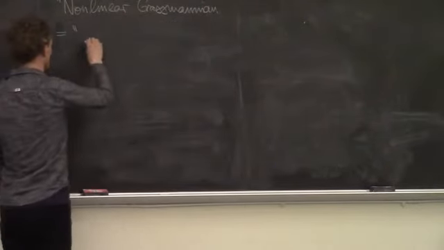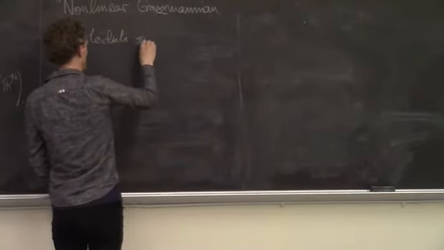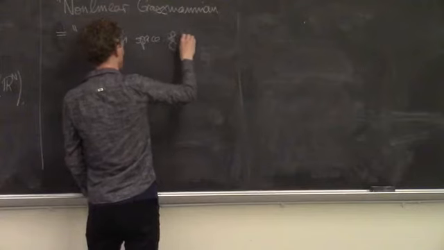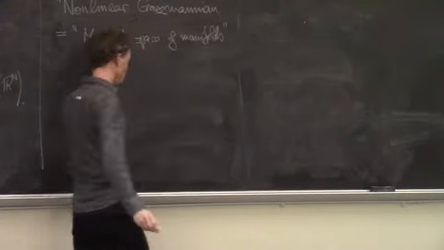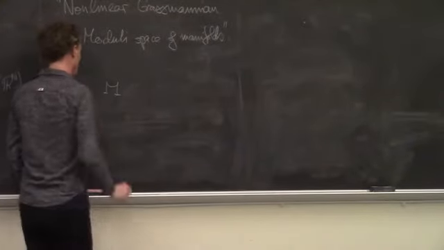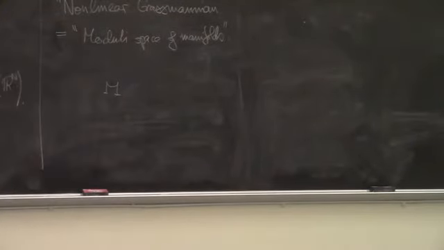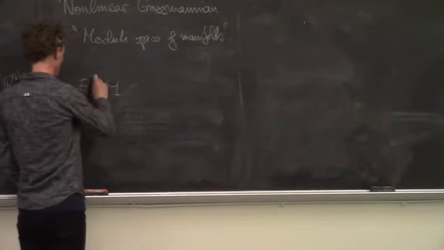I like the word moduli space of manifolds, where instead of this R^d, let's take a manifold M. Instead of injective linear maps, I take injective smooth maps, also known as embeddings.